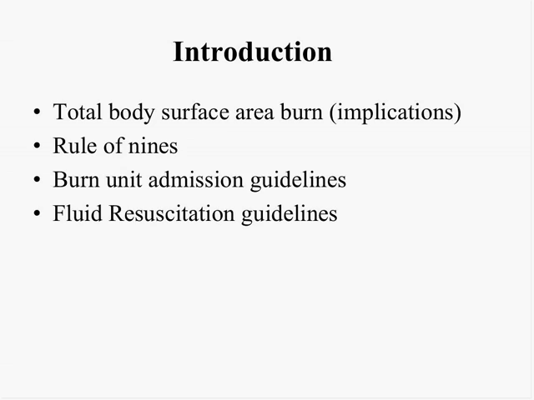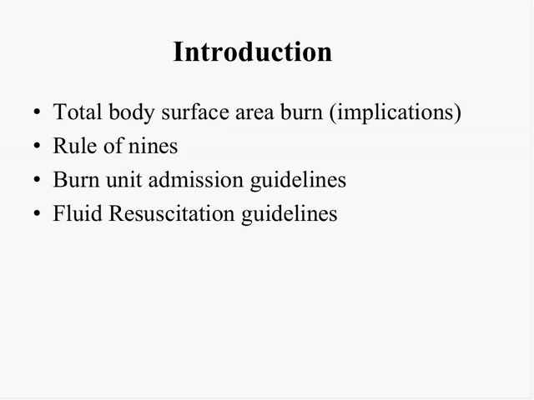And nowadays, even with all the advances that we have in the medical field, some of these burns do not survive their injury. So it's important for us to determine what is the total body surface area burn, and in order also to analyze what is the treatment that is given in different places and what is the difference in approach and in treatment. So that is a very, very important concept, and the rule of nines is what we've just gone through.